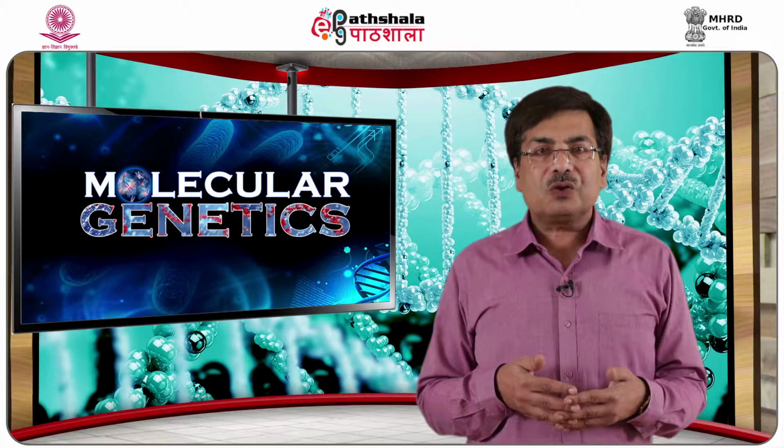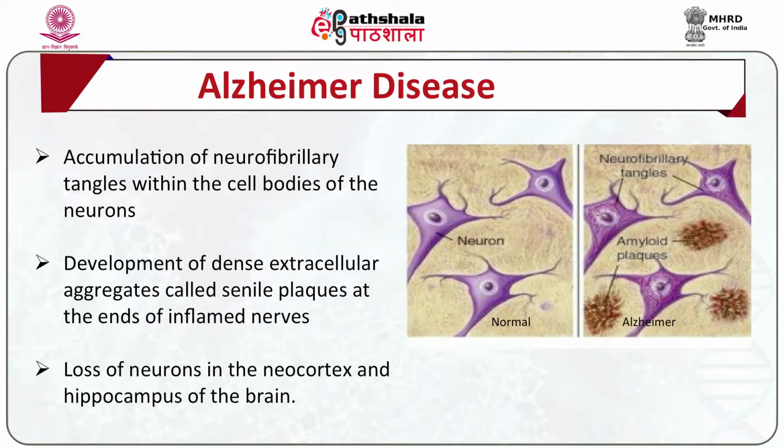The patient shows accumulation of neurofibrillary tangles within the cell bodies of the neuron, development of dense extracellular aggregates called senile plaques at the end of inflamed nerves, and loss of neurons in the neocortex and the hippocampus region of the brain.